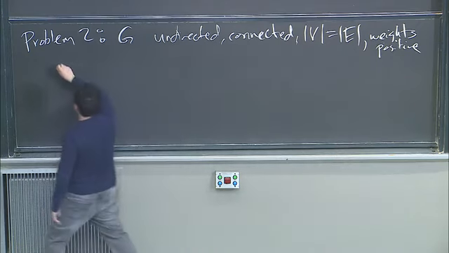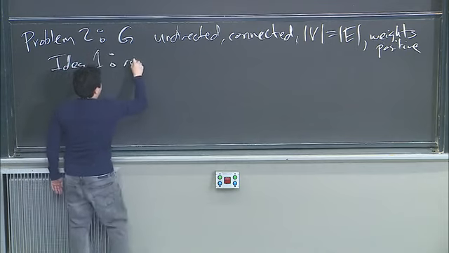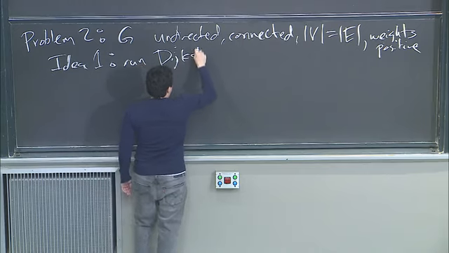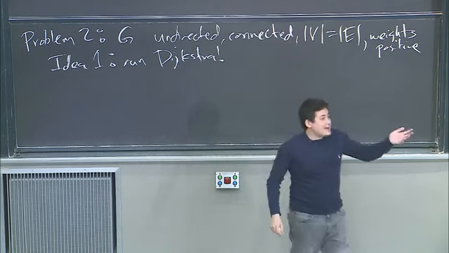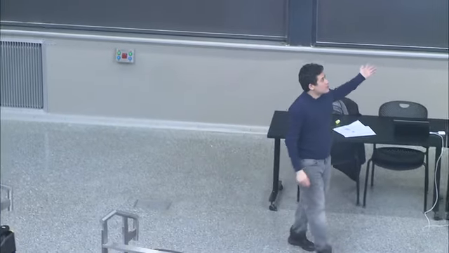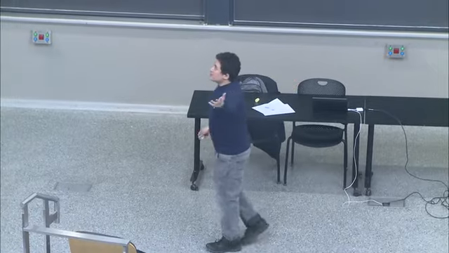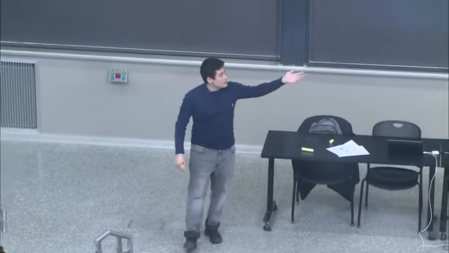Idea 1: run Dijkstra. What's the problem with this? It applies, right? We're in the context of non-negative edge weights. We can find single source shortest paths from S to everything else in the graph using Dijkstra. It applies. It's a correct algorithm.